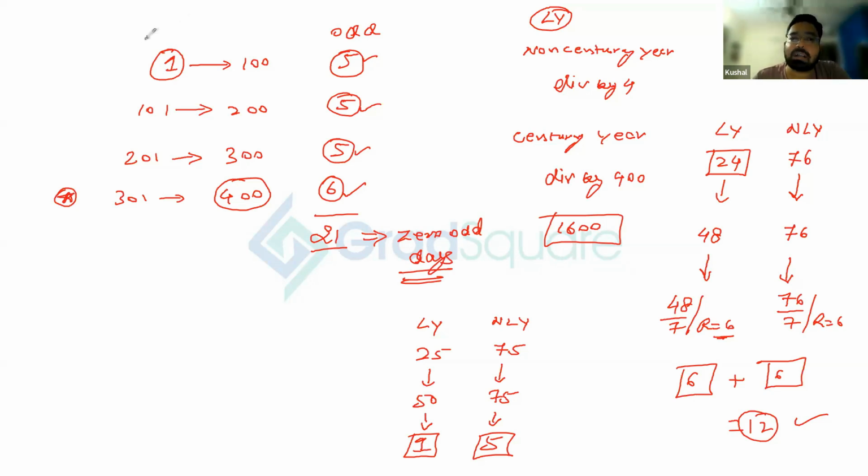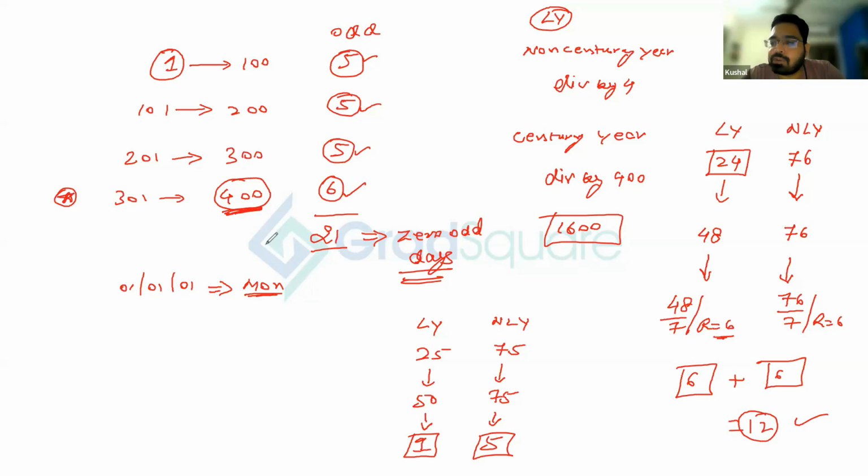Okay, now understand this thing. I want all of you to be very careful and answer this. 01-01-01 was a Monday, correct? Can you tell me what will be the last day of this 400th year? Be very careful when you are answering this.